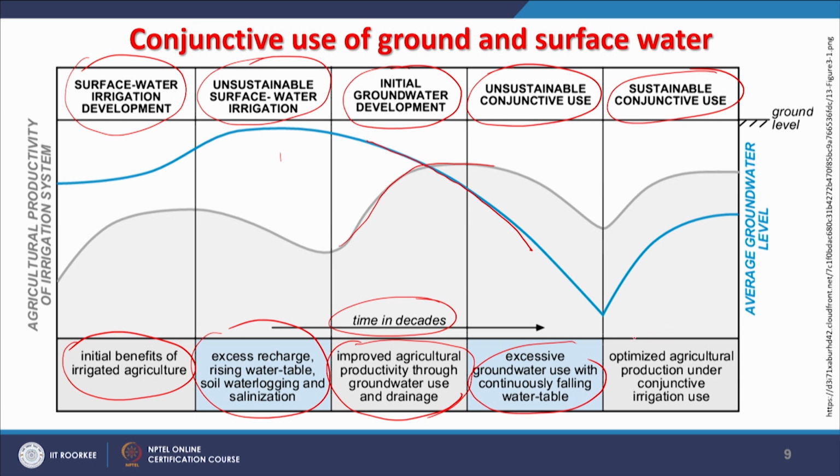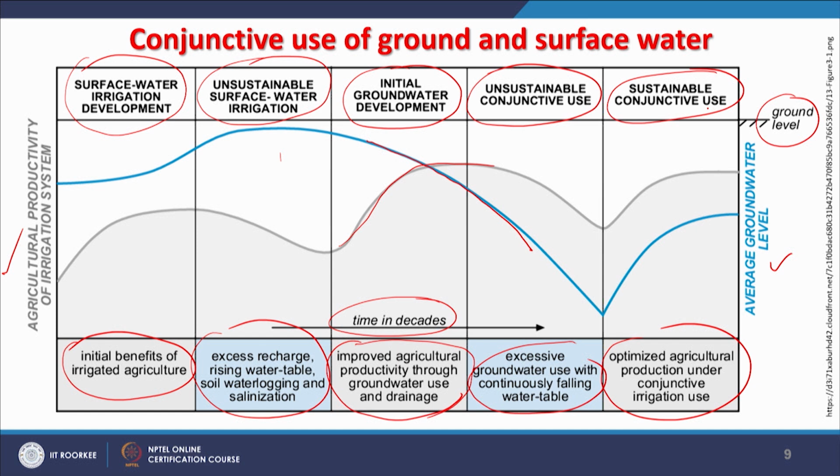And what happens? Optimized agriculture production under conjunctive irrigation use. So, here these are the average groundwater levels in blue color. Here what we have discussed is agriculture productivity of the irrigation system in the dark grey color, and this is where the ground level is.